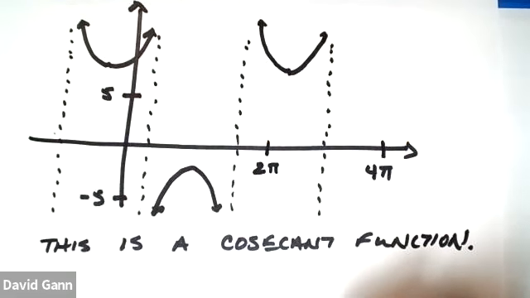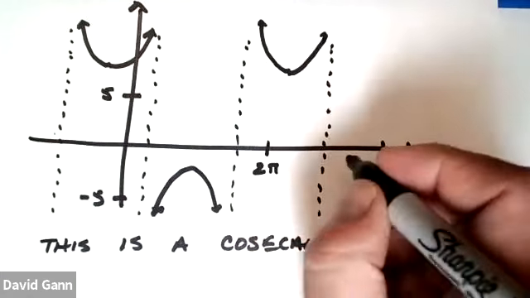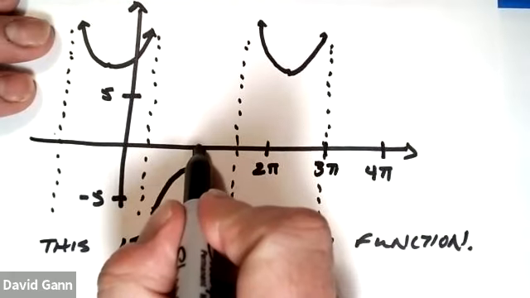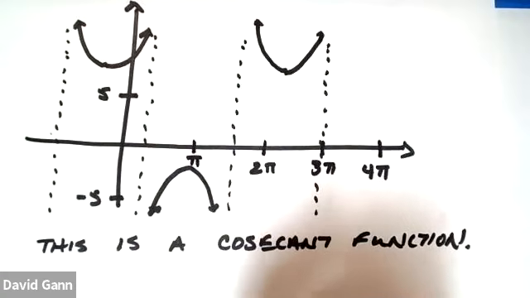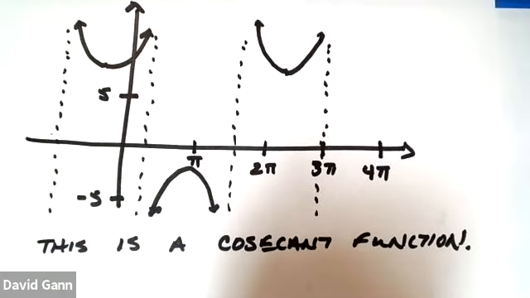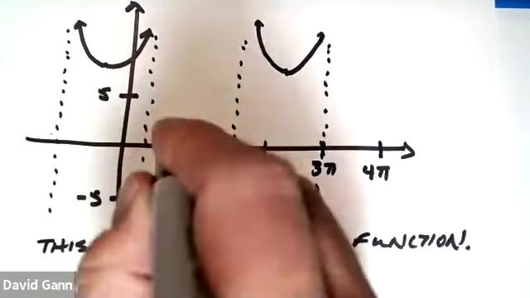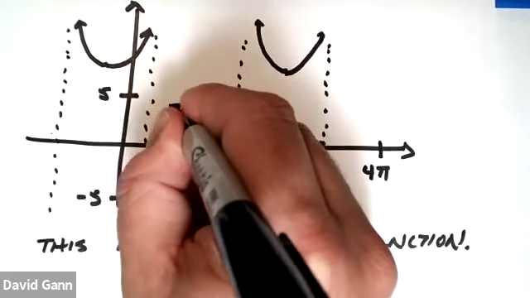And I would argue that maybe this is 3 pi. Call that pi. And so I'm going to just go out on a limb here and call this, looks like maybe that's 1/3 of the way. So I'm going to call that x coordinate pi over 3.